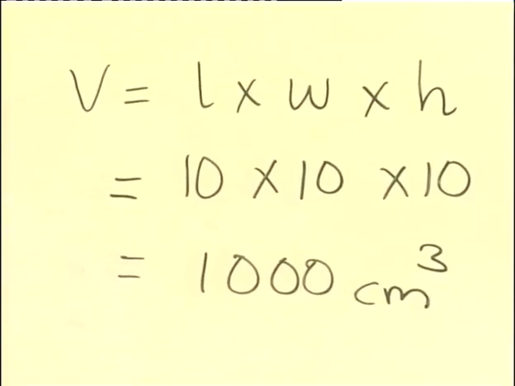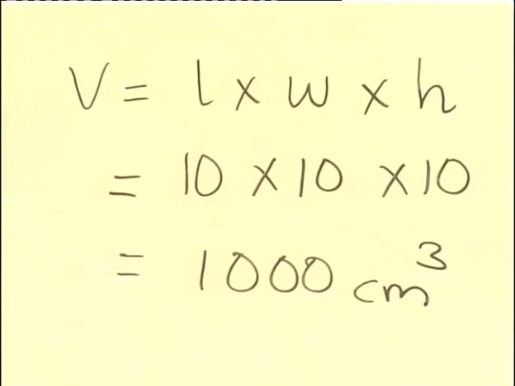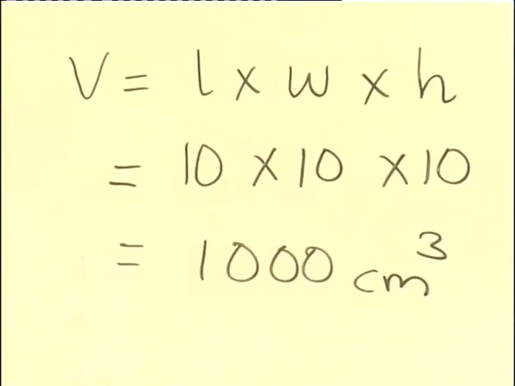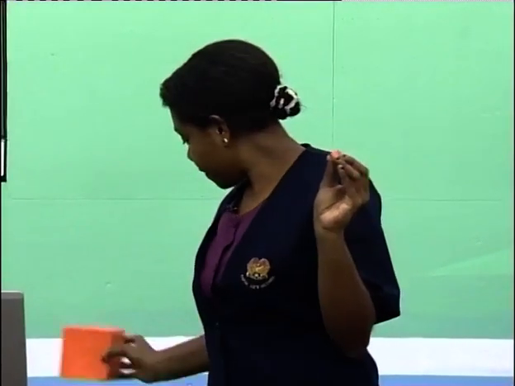So 1,000 of these small cubes will make up one big cube, or a block.